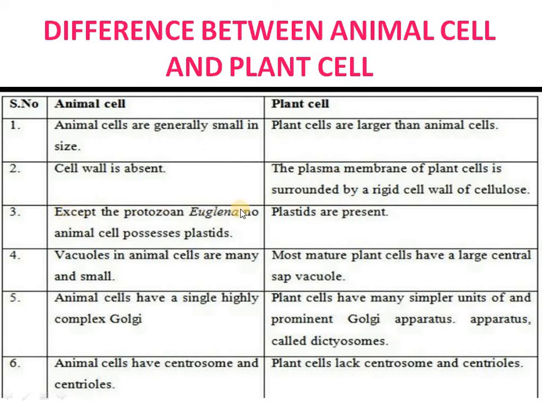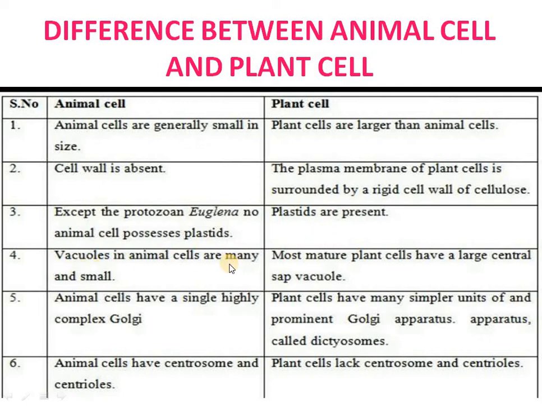Except the protozoan euglena, no animal cell possesses plastids. Means there is one protozoan euglena which consists of plastids, but no animal cell possesses plastid. Plastids are absent in animal cell except euglena, and plastids are present in plant cell.